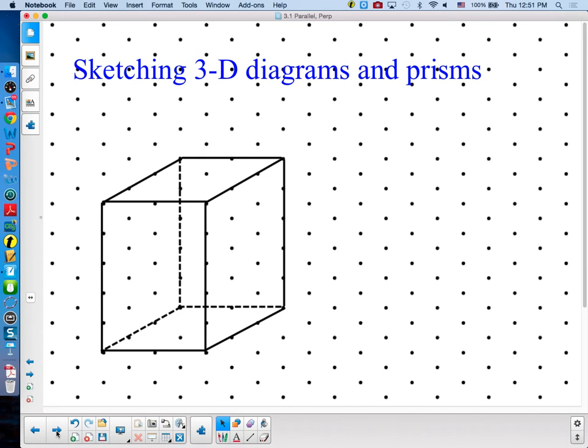Let's try and draw the same prism box on your paper as what you see up here. So I need to have certain ones dashed there.